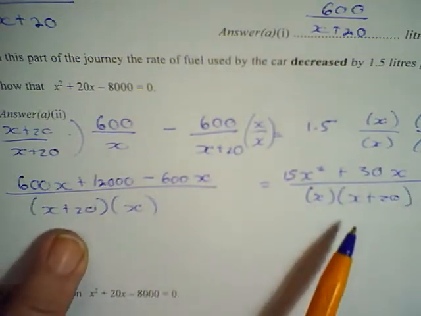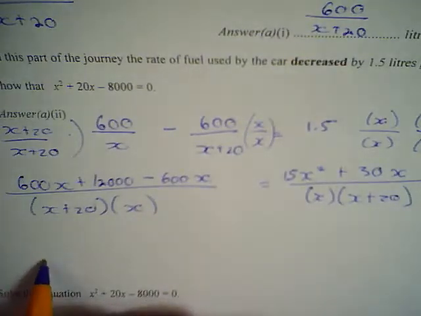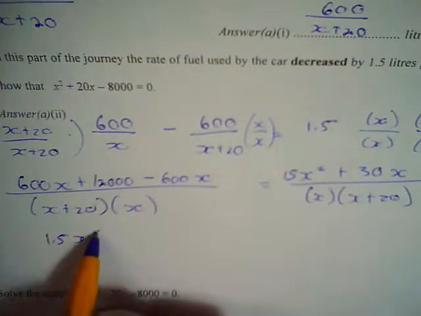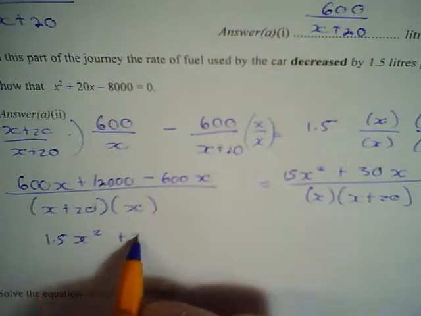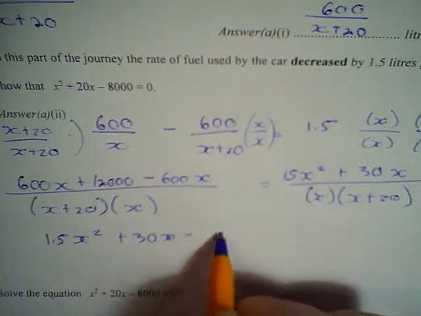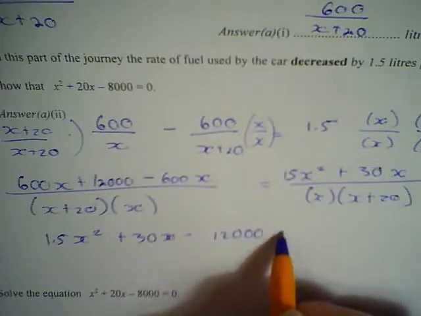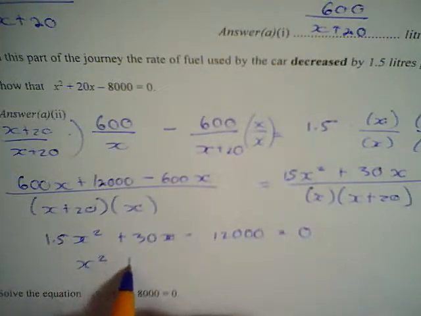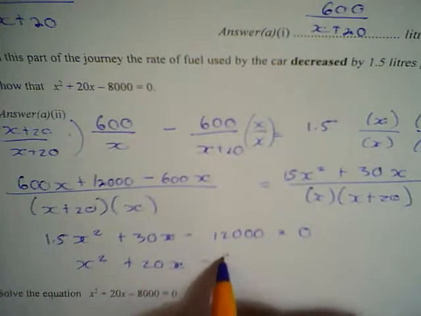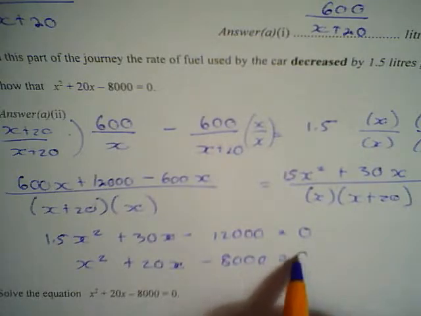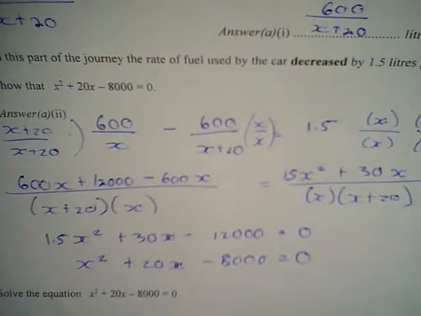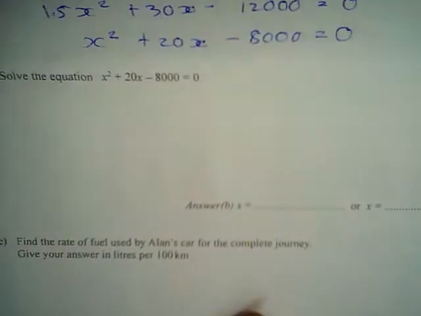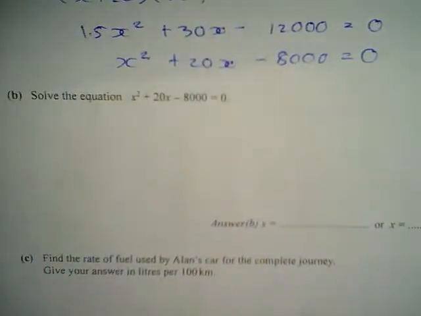I can cancel out the denominators and simplify the numerator, and I have 1.5x squared plus 30x minus 12,000 equals 0. Divide the whole equation by 1.5, and we have x squared plus 20x minus 8,000 equals 0. Okay, good. So that was 4 marks, quite substantial.